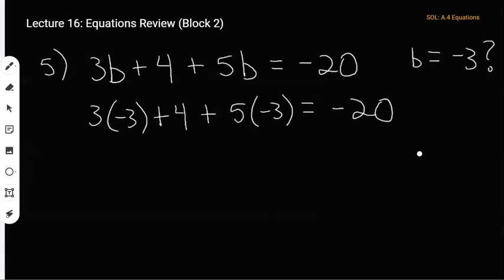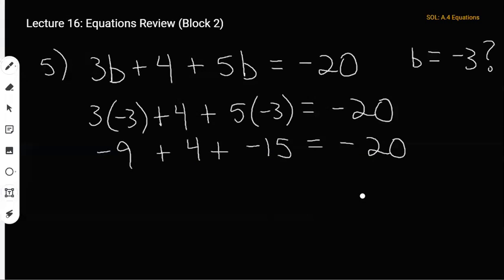All right, so there's a couple of things that I can do on the left side. I can multiply the 3 by negative 3 to get negative 9. I could also multiply 5 by negative 3 to get negative 15. Negative 9 plus 4, if I put those two together, I'll get negative 5.